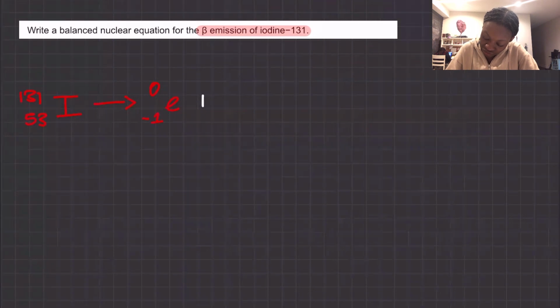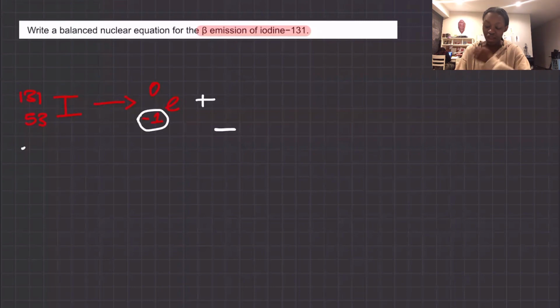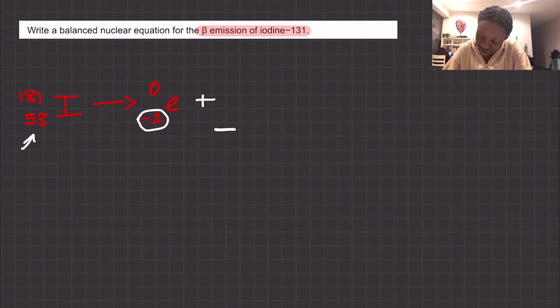Well, whatever goes here has to subtract by 1 to equal 53. Right? So I'm thinking something minus 1 equals 53. So that's obviously going to be a 54. So our atomic number is going to be 54.